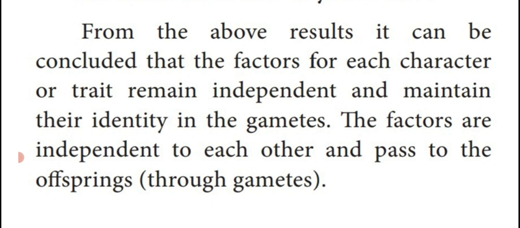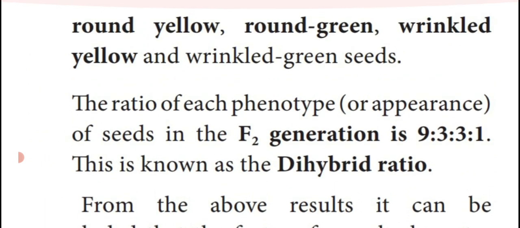So in this dihybrid cross, the factors are independently segregated and passed on to the next generation or offspring through gametes. That is said to be the dihybrid cross of Mendel.